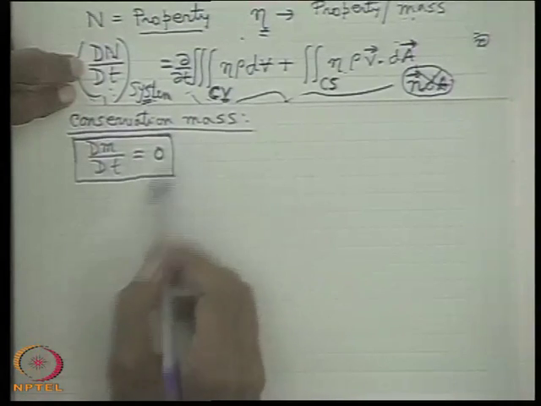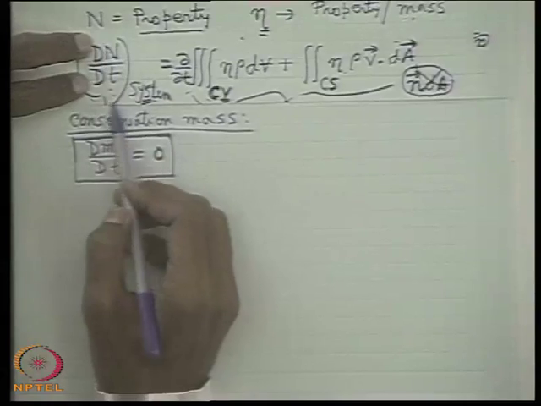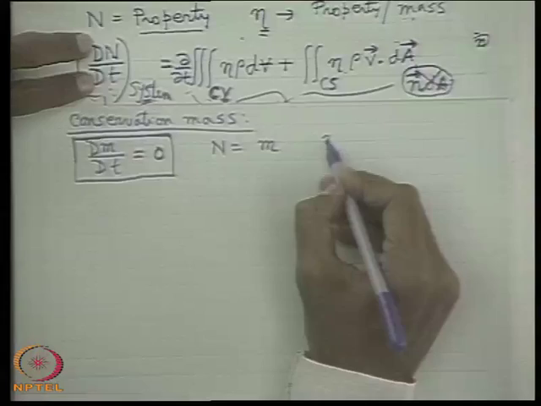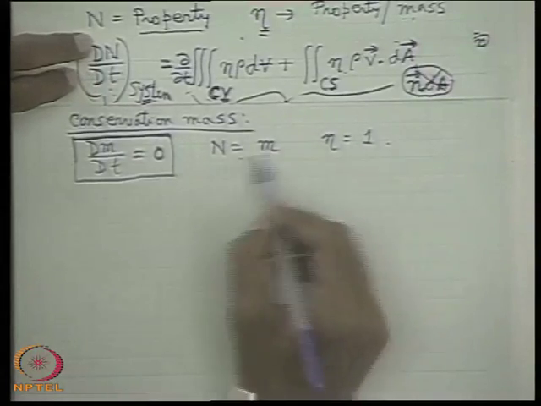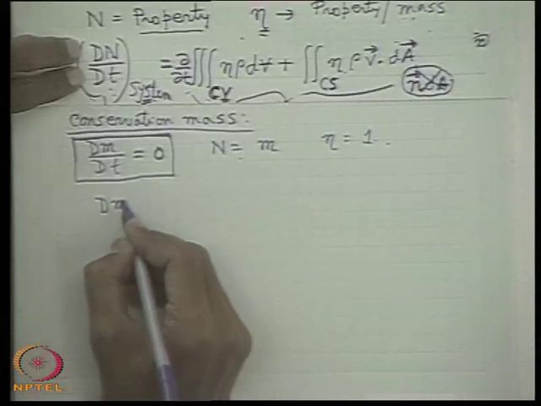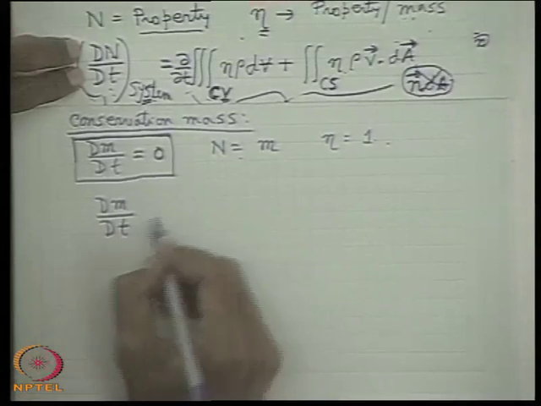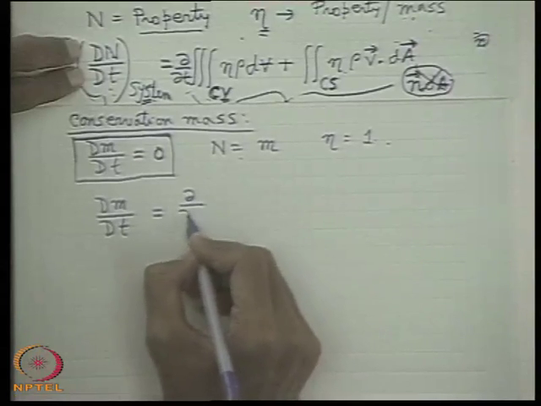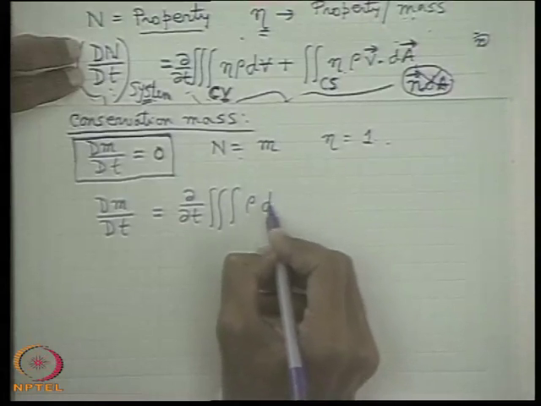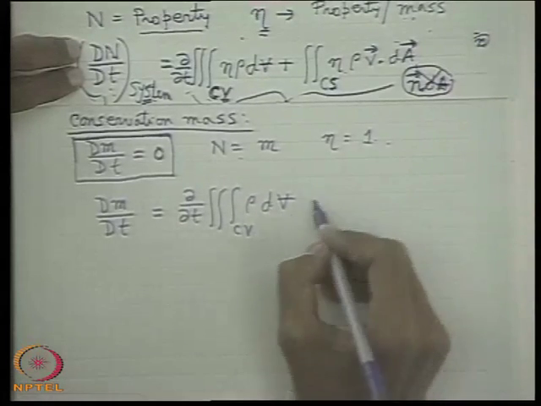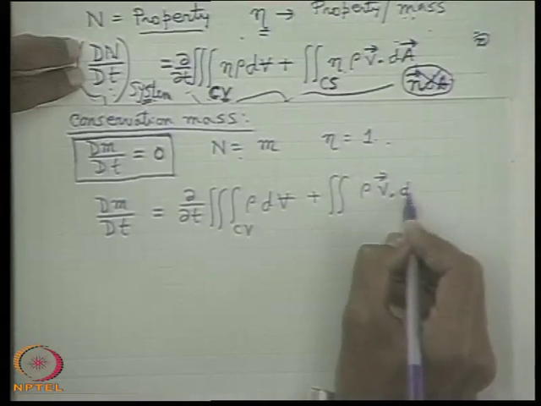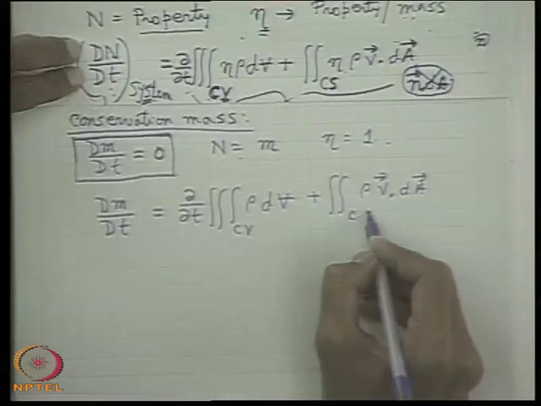Now if we apply the conservation of mass for a control volume, we take the help of Reynolds transport theorem. Here N is the mass, so the value of eta is 1. So the rate of change of mass for a system dm/dt is equal to del by del t of the integral of rho dV over the entire control volume plus the integral of rho V dot dA over the entire control surface.